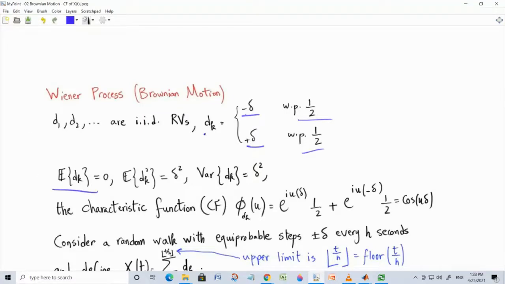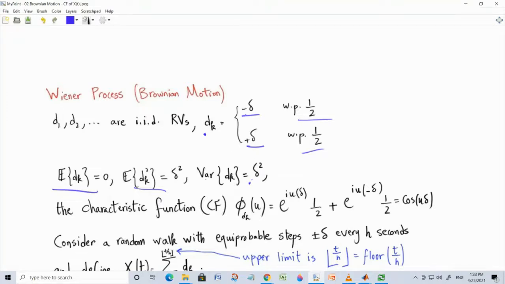The first moment of this is 0. The second moment is delta squared, and the variance will be the same as the second moment, which is delta squared.